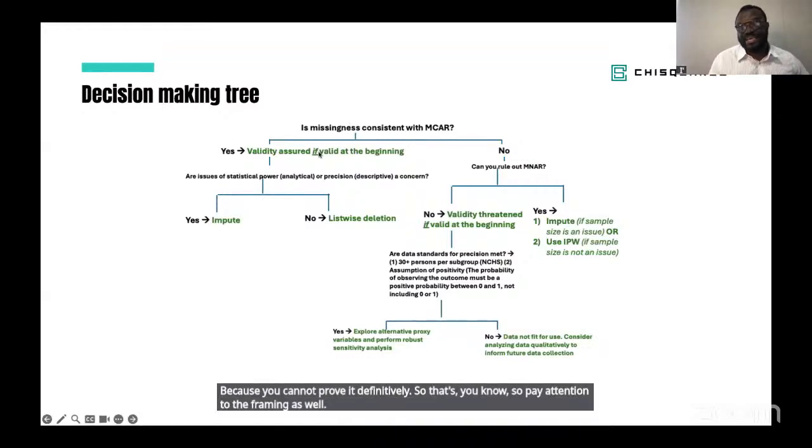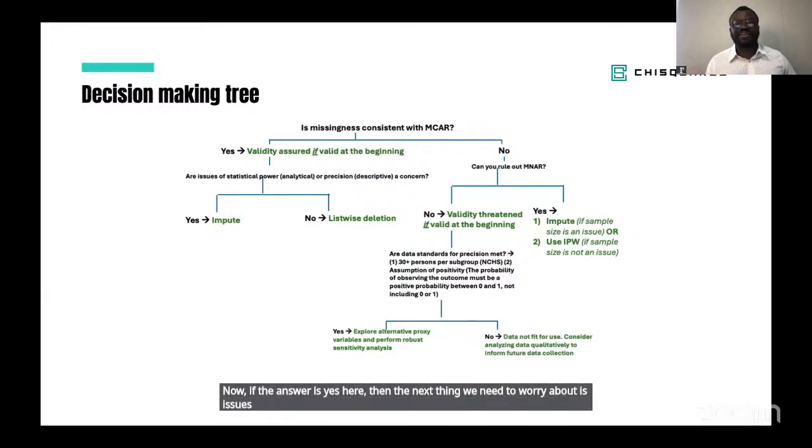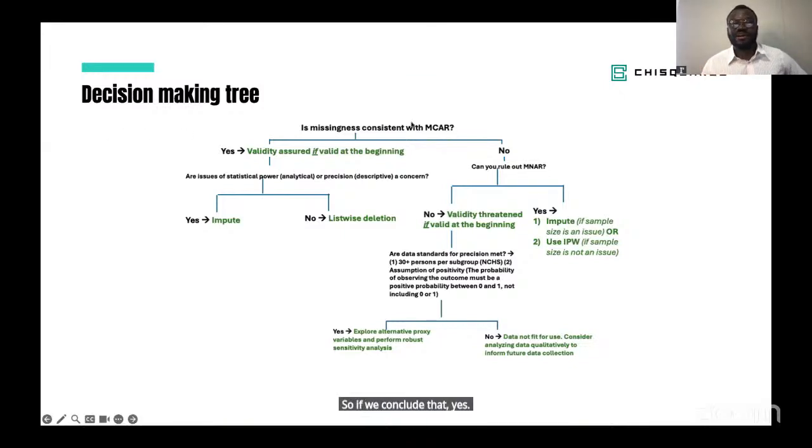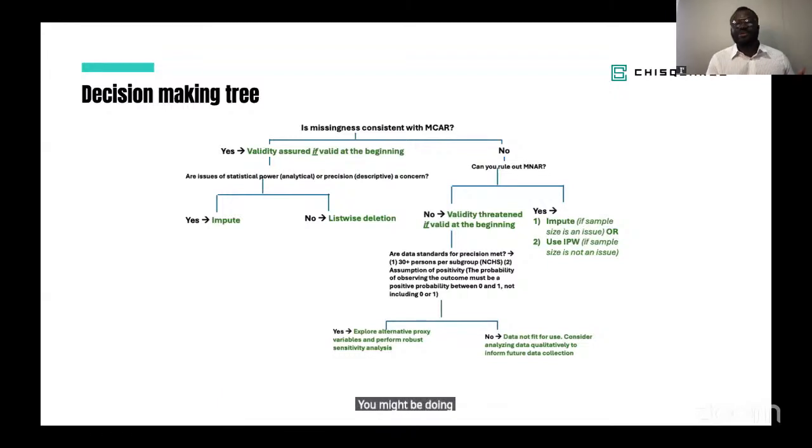Now, if the answer is yes here, then the next thing we need to worry about is issues of precision. Remember, you always have to worry about validity and precision, the two of them, not just one of them. So if we conclude that, yes, missingness is consistent with MCAR, the next question is, are issues of statistical power or precision a concern? You might be doing an analytic study where you have to compare two groups, and you want to make sure that obviously the study is powered.